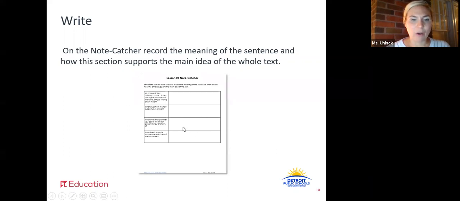The third row, what does the quote let you know about the person that Shirley Chisholm is? And in that fourth row, I want you to record how this quote supports the main idea of the whole text. All right, really dive into the article, use it to help you, pause this video, and do this note catcher now.